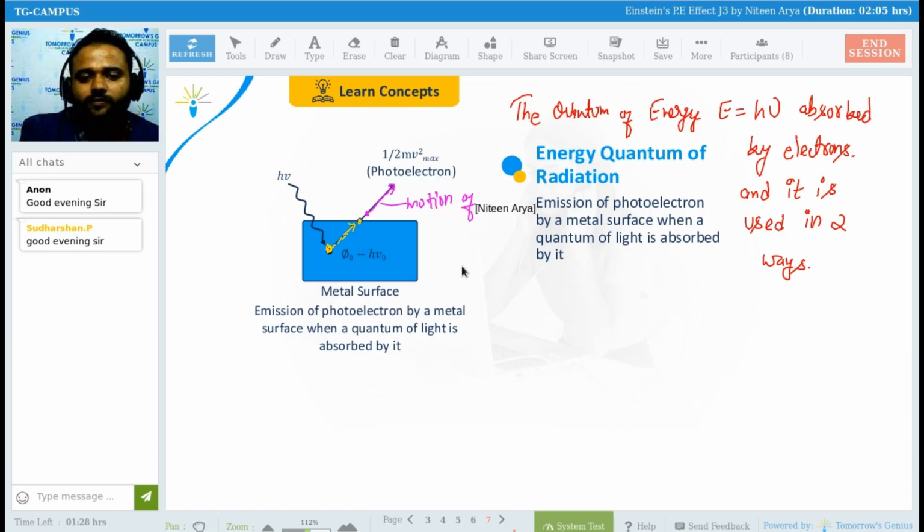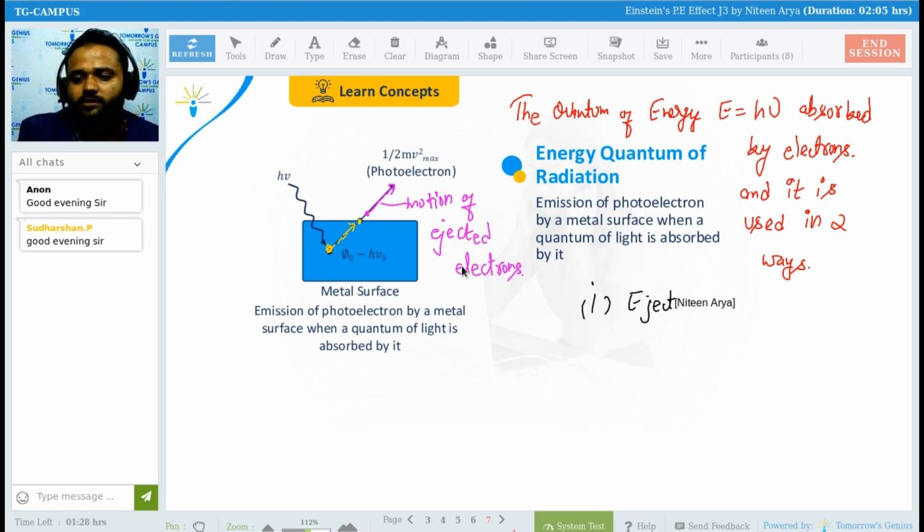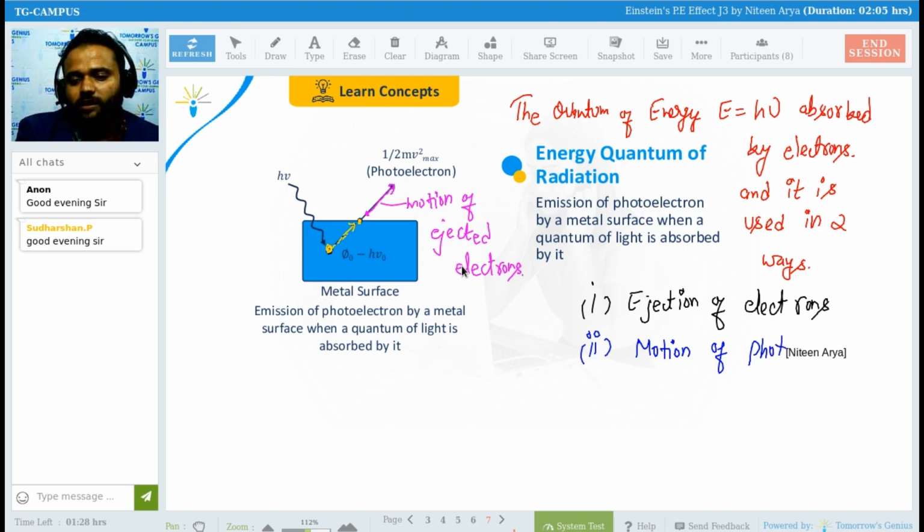Motion of ejected electrons. Clear? So, beta, the two ways are: first, the ejection of electrons, which are known as photoelectrons, and second, the motion of photoelectrons.